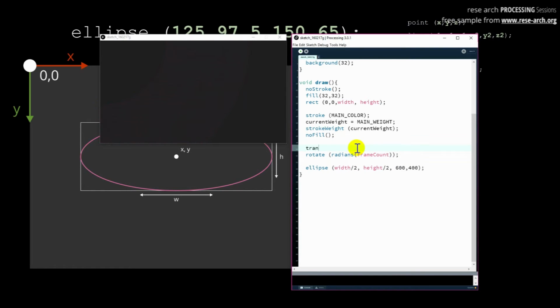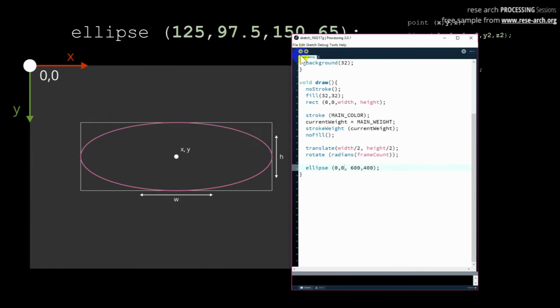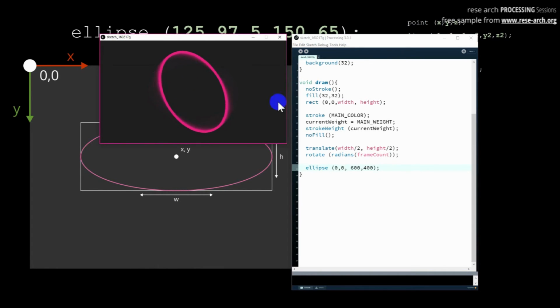You need to translate the origin to the center of the canvas, width divided by 2, height divided by 2, and then you're drawing the ellipse at the world origin, which is 0, 0 right now, but it's moved to the center of the canvas. So if I restart it now, the ellipse is rotating.